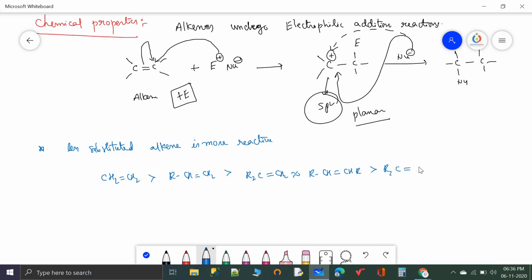Next, R2C=CHR, and the last one is R2C=CR2. These alkyl groups may or may not be the same. That's why we can put R dash here, wherever the 2 alkyl groups are. So when the number of substituents increases, the reactivity of the alkenes decreases.